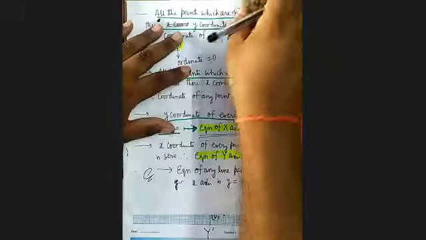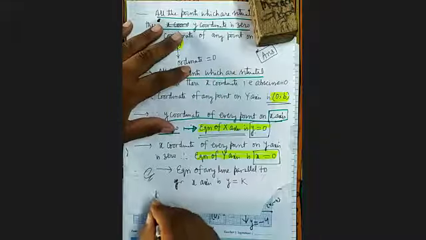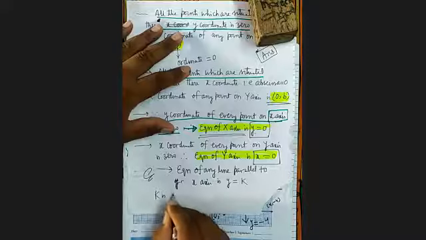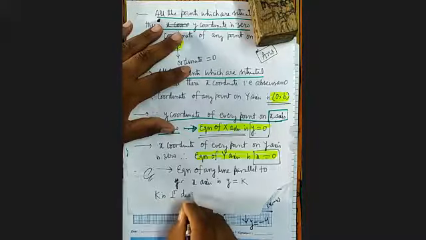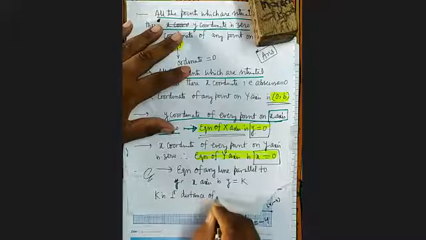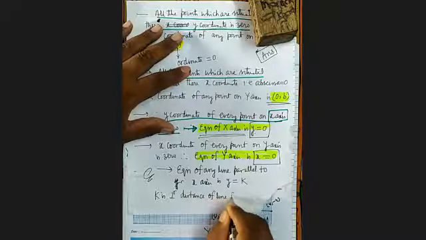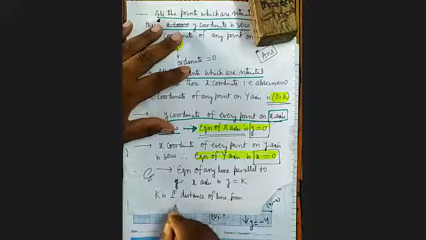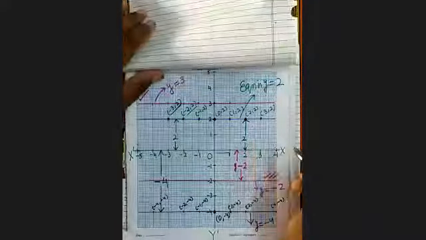And what is k here? k is the perpendicular distance of the line from the x-axis.